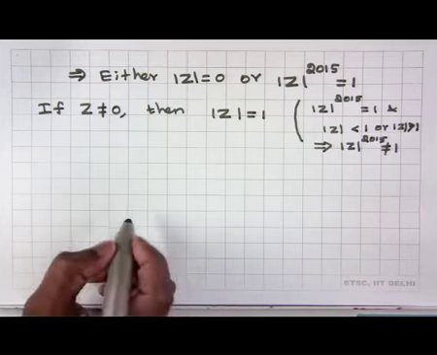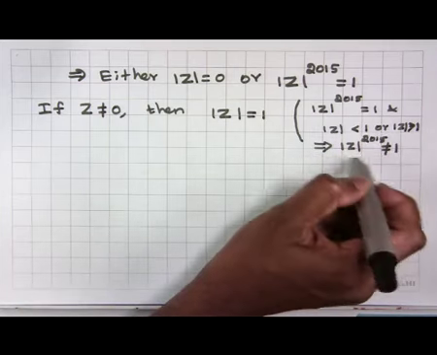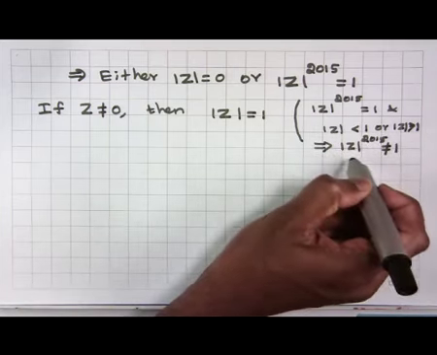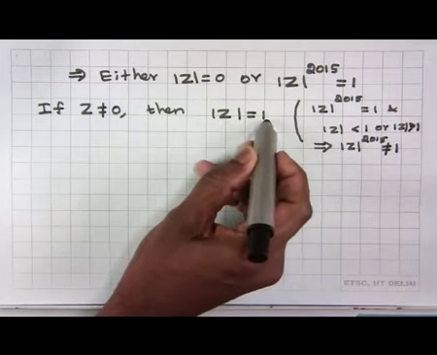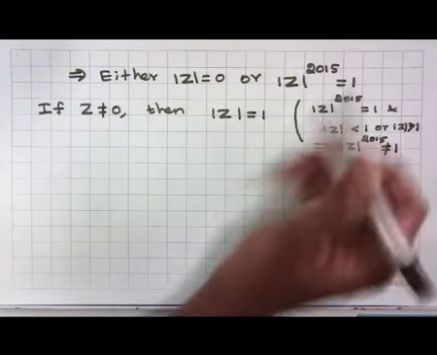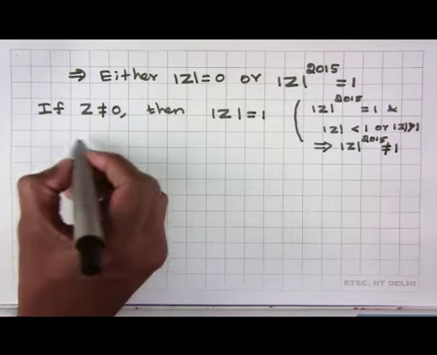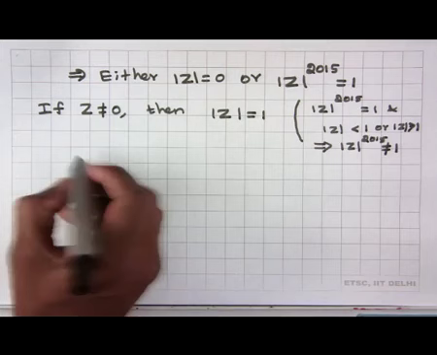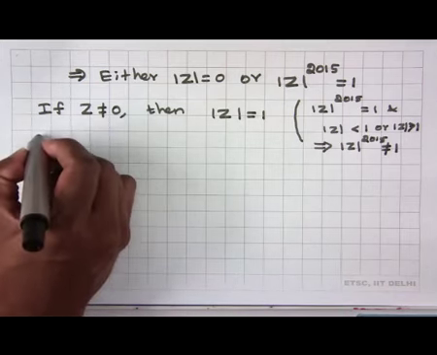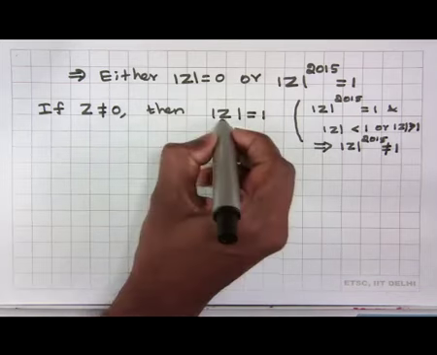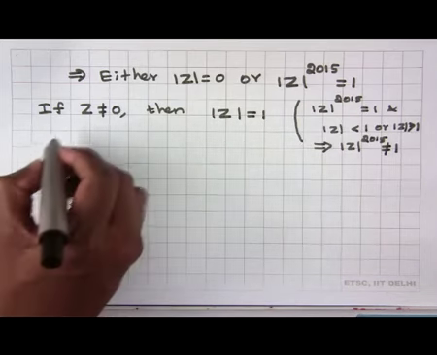Okay. So, by this argument we can see that mod z must be 1 if its power is 1. So, from this conclusion, now consider the case for mod z equal to 1.